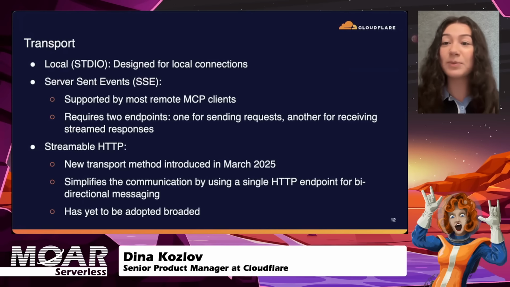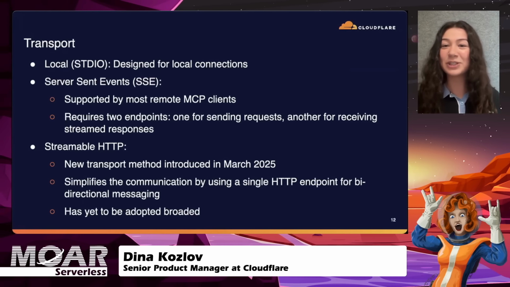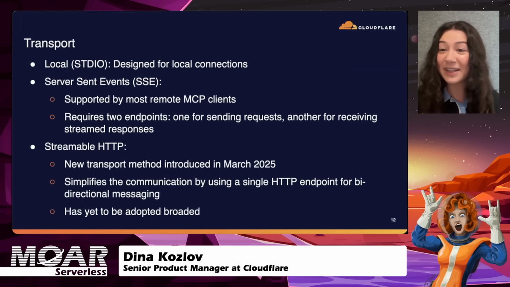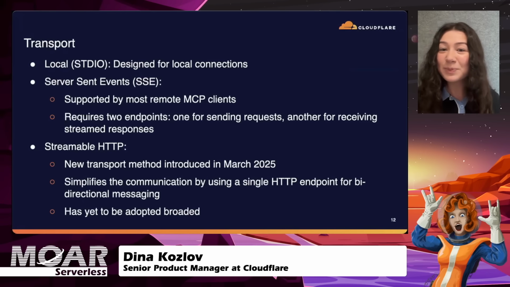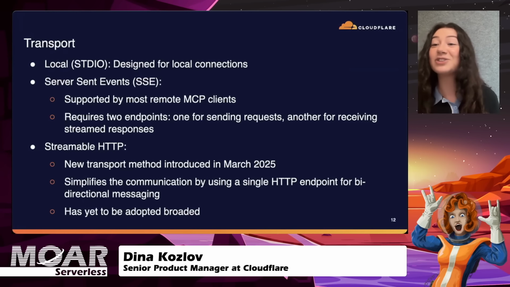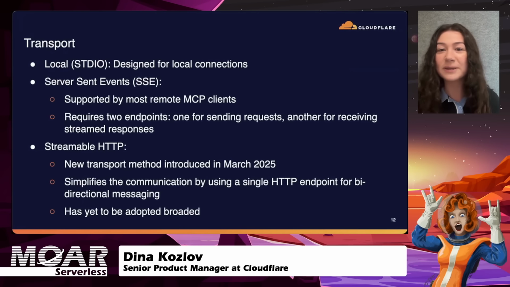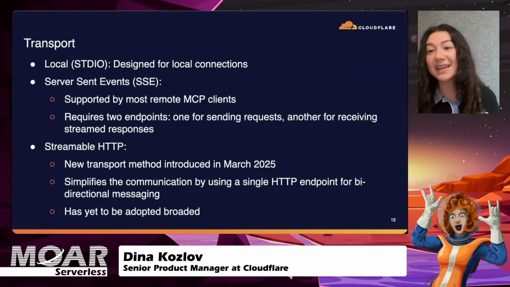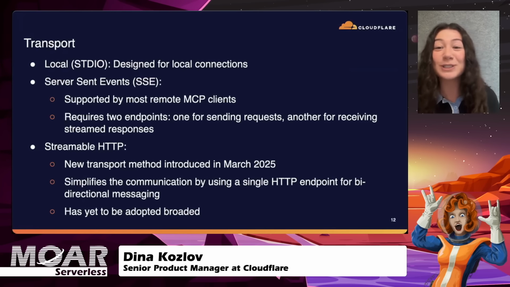So it uses one endpoint, /sse, which you saw that we entered, to establish the persistent server sent event connection that the client keeps open for receiving responses and updates from the server. And then it uses another endpoint, /sse/messages, which is where the client sends requests for the different tool calls. And so while this works, it's kind of like having a conversation with two different phones, one that is for listening and one that is for speaking.